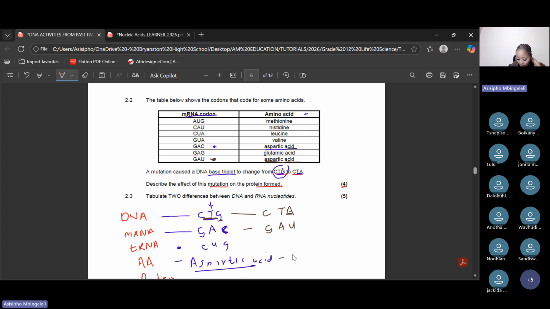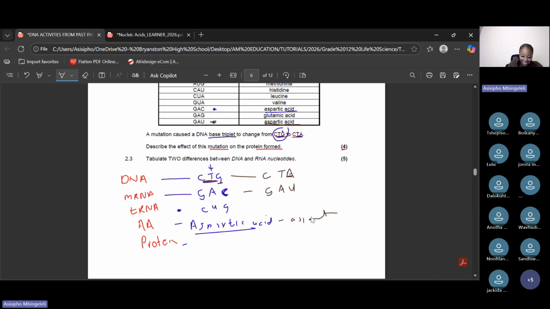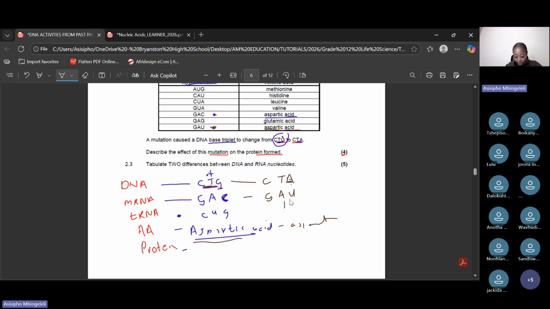Now, I need us to unmute so that we can be active on this one. When we had CTG as our base, aspartic acid is the amino acid that was formed. Then a mutation happened whereby a G got replaced with an A. The amino acid that got formed due to this change was still aspartic acid.